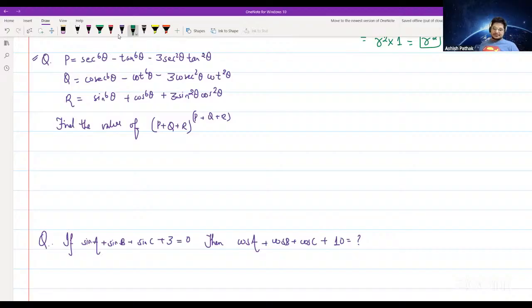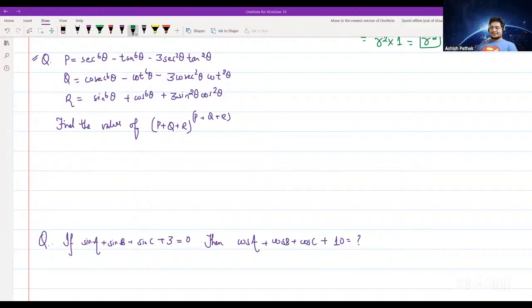Think like this and tell me the answer. Tell me, what will you do here? In the form of a cube minus b cube minus 3ab into a minus b.